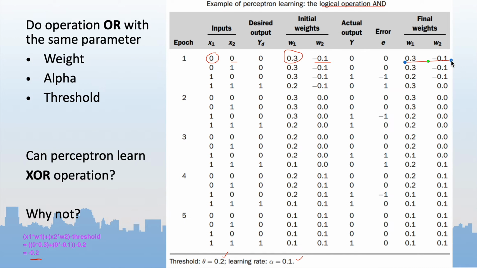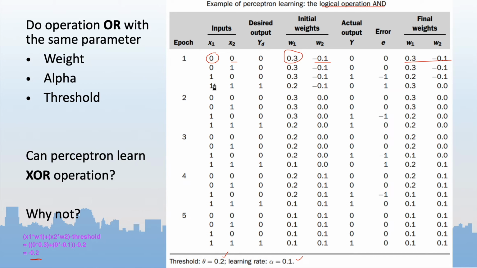And then we will do the second combination, which is 0 and 1, and if you look at the error, it is also 0, and the weights will remain the same. This you can calculate on your own.